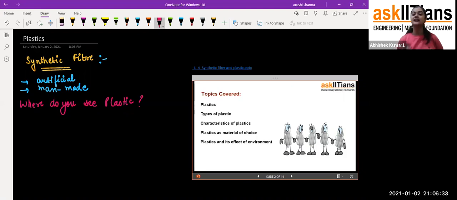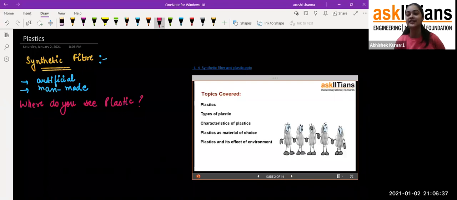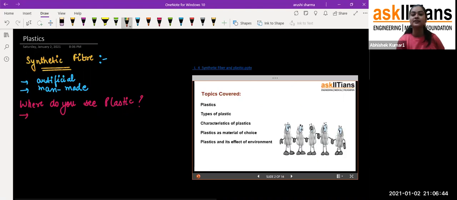Starting with where we use plastic, first of all it comes to our mind that it is polythene bags. Polythene bags are the most common use of plastic, because we use those bags to carry our materials like vegetables, fruits, even our books.